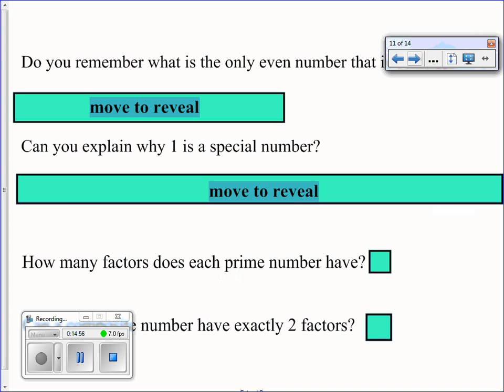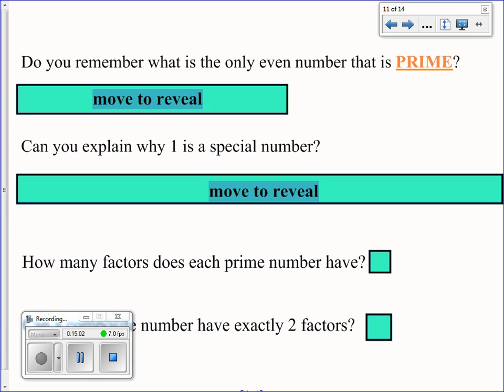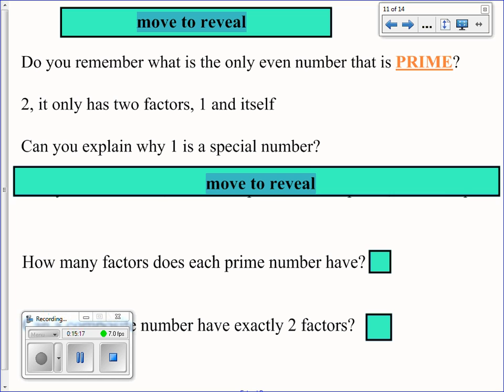So do you remember what is the only even number that is prime? 2. It only has two factors, 1 and itself. Why is 1 a special number? It goes into every number. It is neither composite nor prime. Correct.